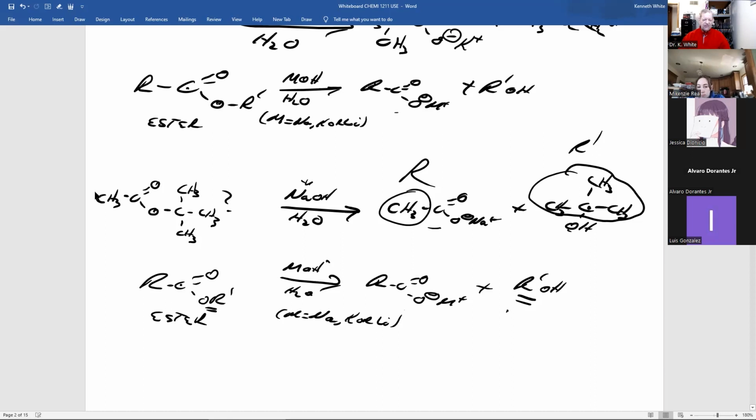And that would be the ester you would react with sodium hydroxide and water to make this carboxylate anion and this alcohol. That was fun. But then I'm a synthetic organic chemist. All right.